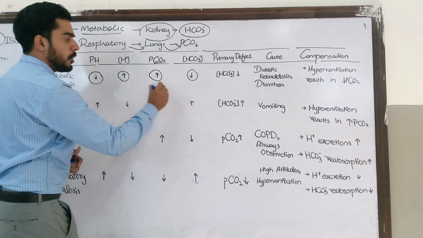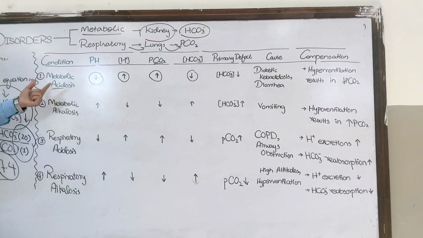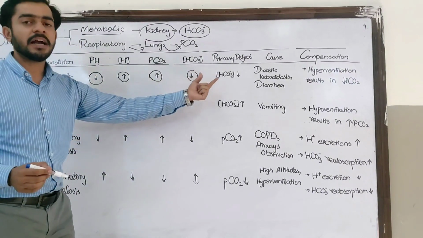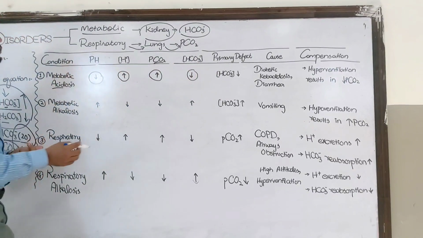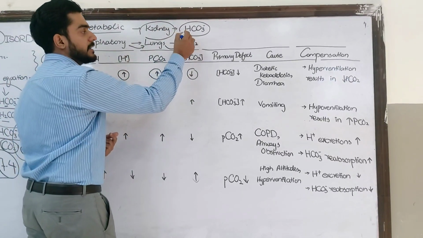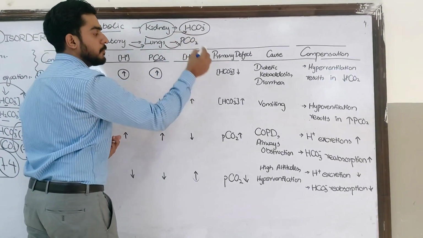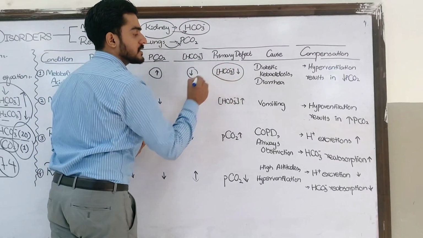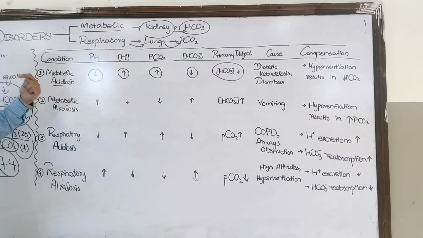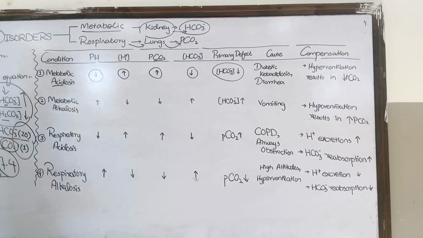So these are the four major findings in the metabolic acidosis. So primary defect, as I have told you, is metabolic. The primary defect lies in the kidneys, and kidneys control the regulation of bicarbonates. So there is bicarbonate ion decreased in metabolic acidosis.